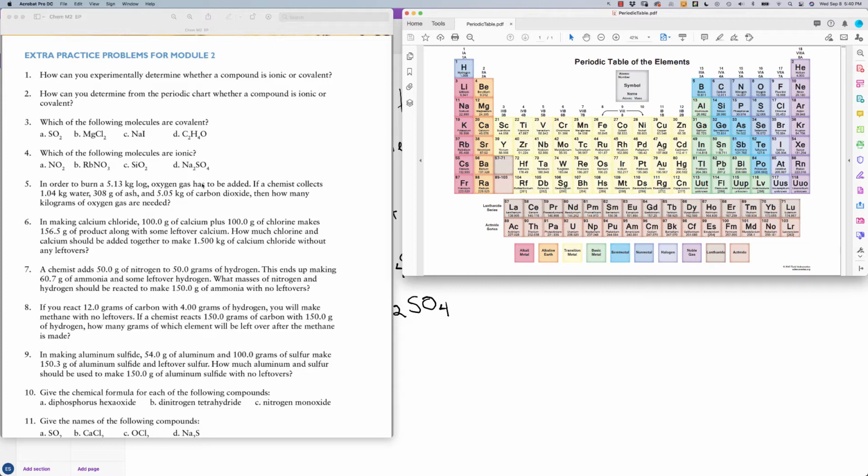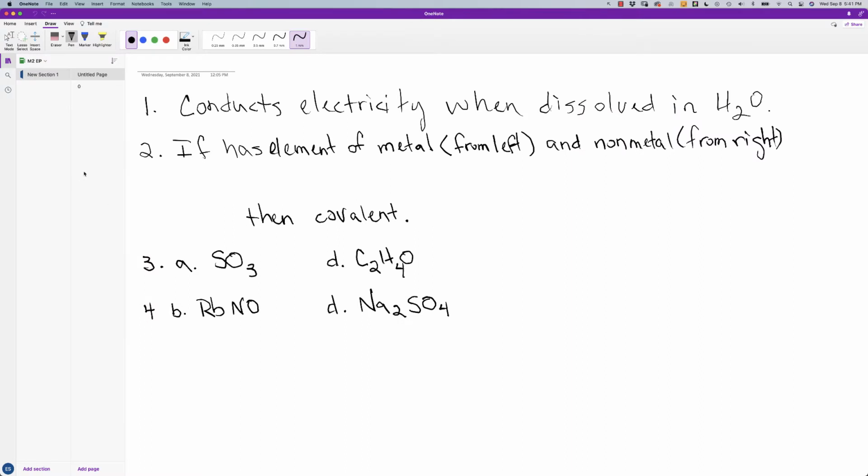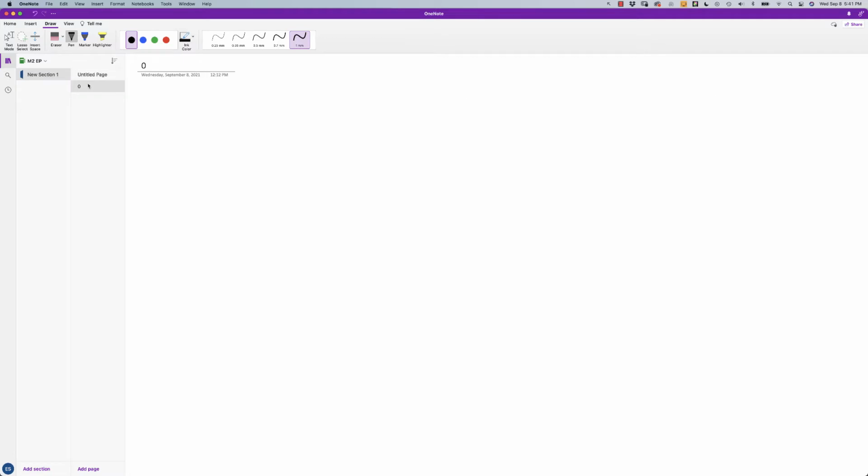If a chemist collects all these values here of how many kilograms of oxygen was needed. So let's take a look at this one. Go to the second page here. All right. So we have wood. Forgive my handwriting on this thing, it's just terrible.